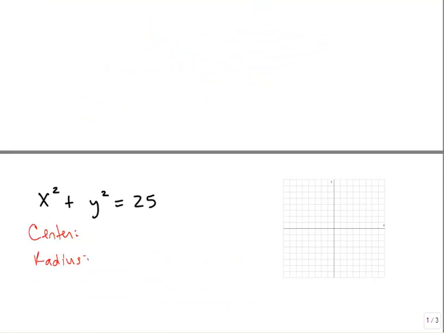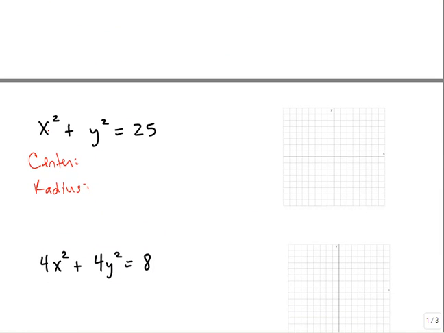So if I look at my equation here, what's being subtracted from x? Nothing. So that means the x value of the center must be 0. What's being subtracted from y? Nothing. So I want to have a y value that's also 0.